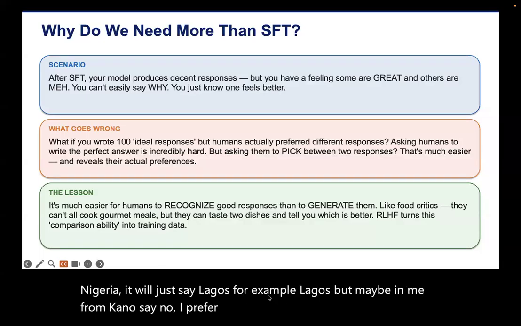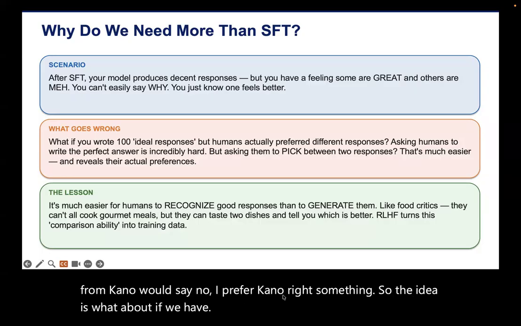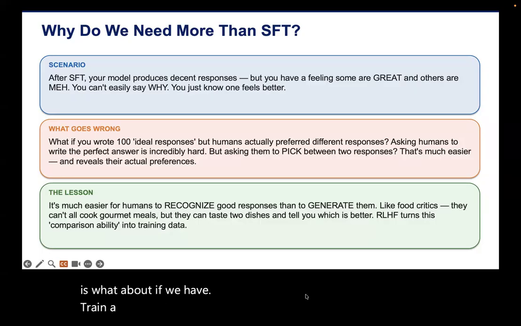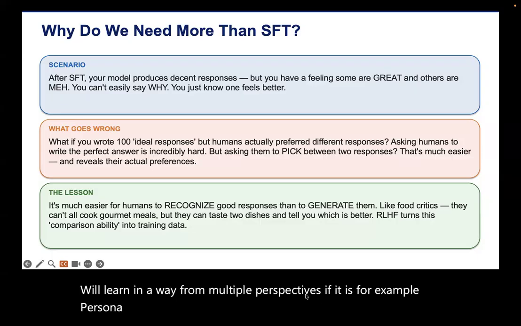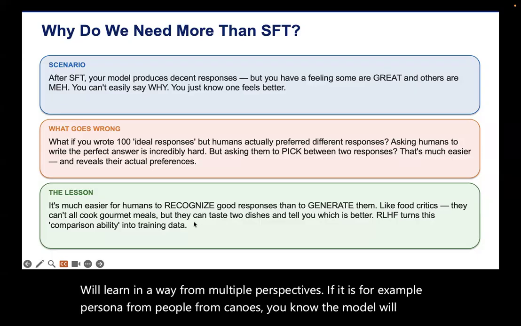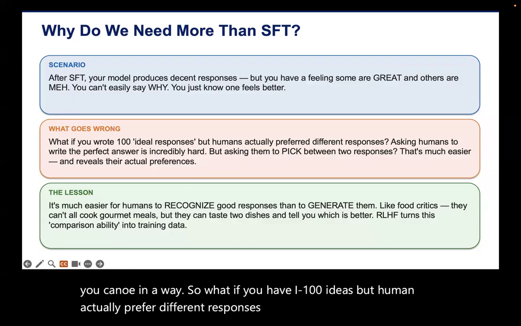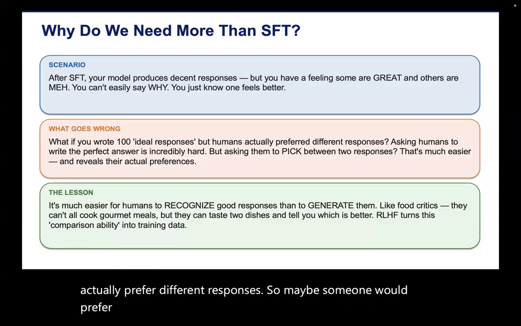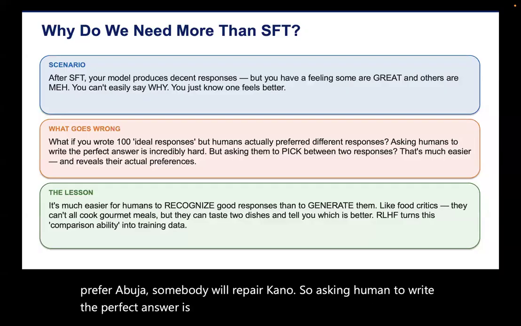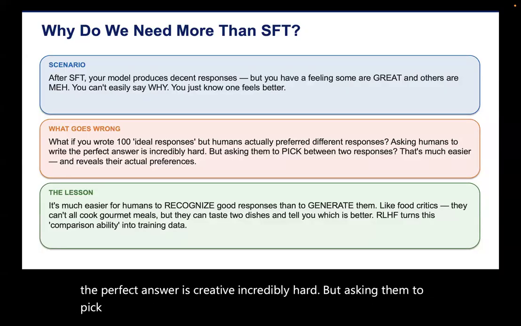So the idea is, what if we train a model that will learn from multiple perspectives? If it is, for example, a persona of people from Kano, the model will show you Kano. So what if you have 100 ideal responses, but humans actually prefer different responses? Maybe someone will prefer Abuja, somebody will prefer Kano. So asking humans to write the perfect answer is incredibly hard. But asking them to pick between two responses is much better, right?